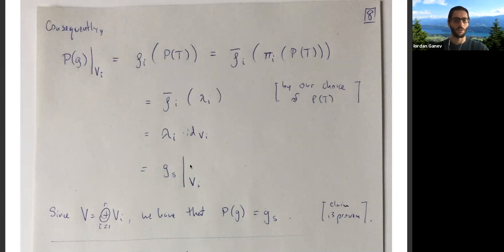So thinking back to the Jordan decomposition on each V_i, this GS is just a diagonal matrix, lambda_i times identity. And since the direct sum of these V_i is V, since they span all of V, and we've shown that P of G and GS coincide on each V_i, we get that they're the same thing.